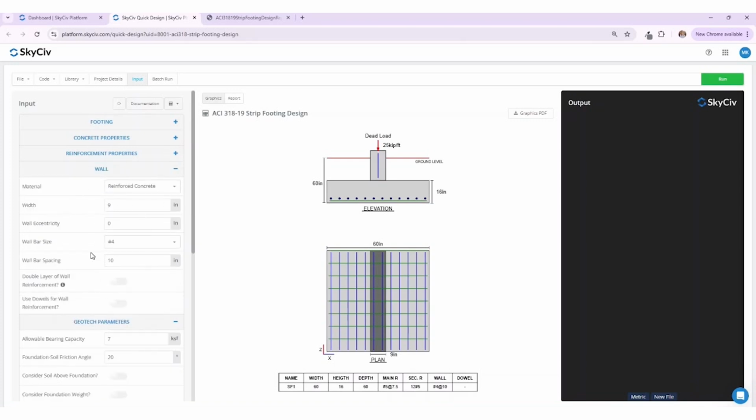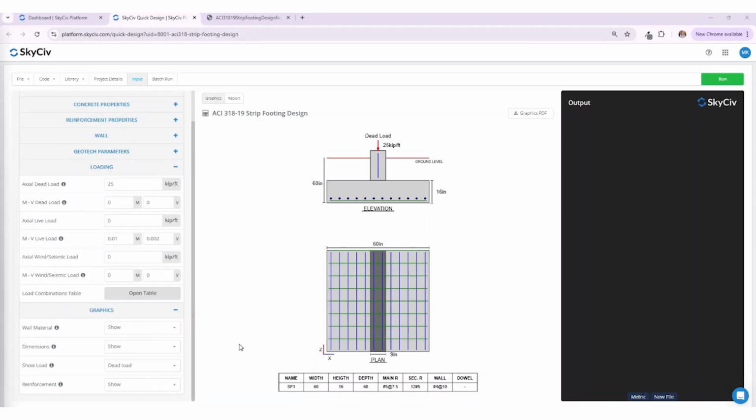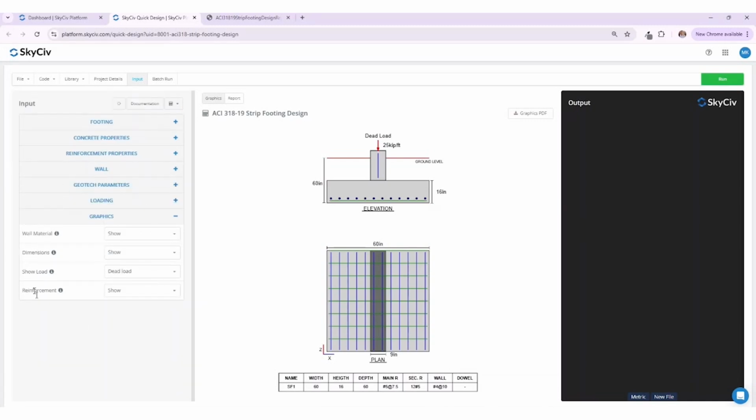I also have a 9-inch wide wall on top of my strip footing, and my allowable bearing capacity is 7 KSF. I have an axial dead load of 25 kips per foot, and I have my wall live load, bending moment and shear. And then you can manipulate the graphics settings.